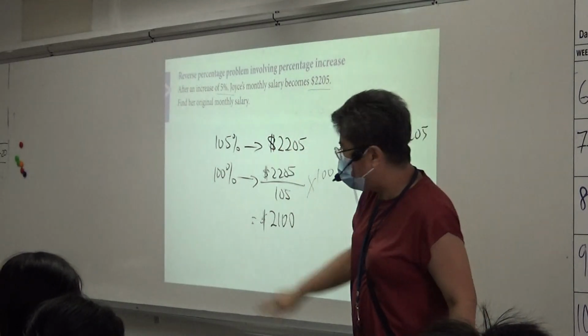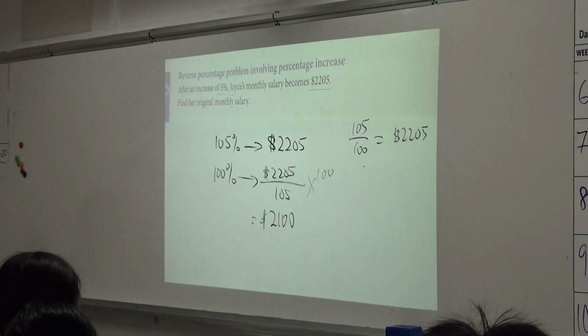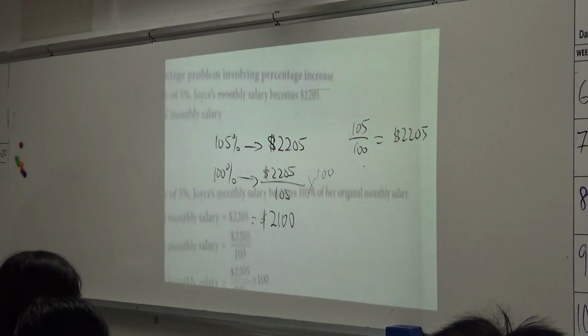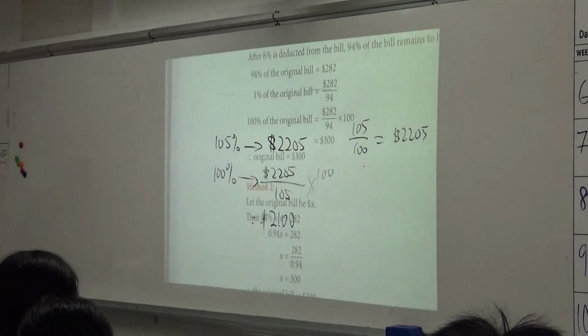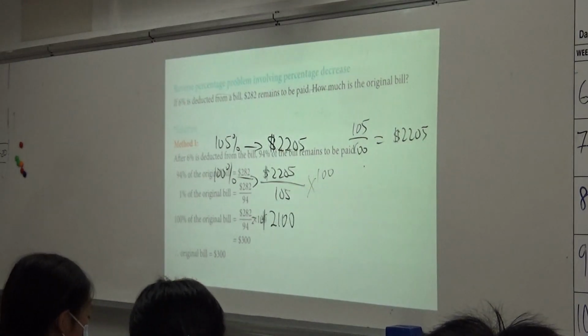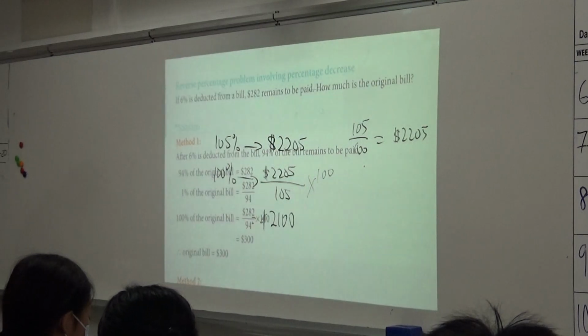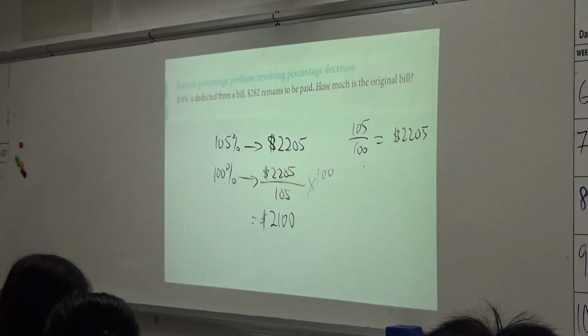Clear? Okay, now last example that I have. Okay, can you look at question, work example 15? The last part. Work example 15. Okay, I'm going to do this on the board again.